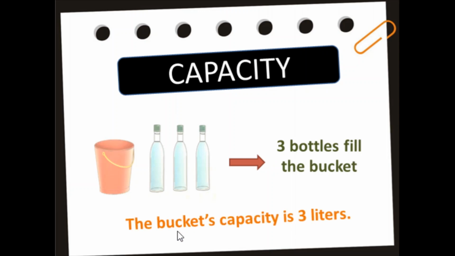So, the bucket's capacity is 3 liters. In other terms, the bucket can hold at least 3 liters of water. Again, this means that the bucket can hold at least 3 liters of water.